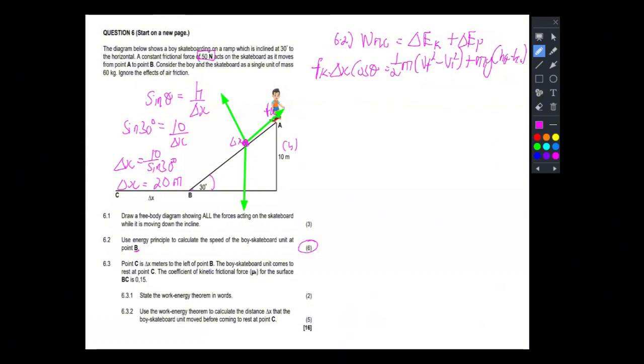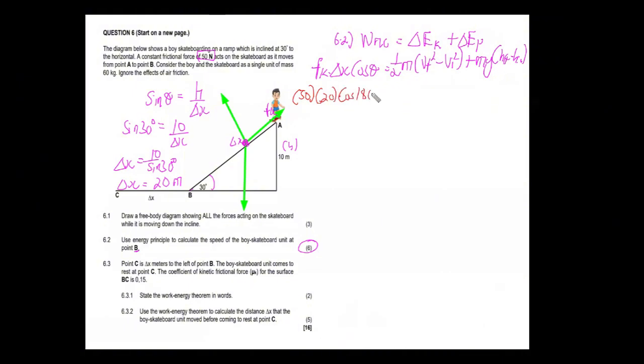Right. Then at this point, what we can do is just simply substitute into that formula. So we have Fk is 50. Our displacement we have already calculated 20, and then here we have cos 180 degrees. Remember, with Fk, the theta is always 180, since a kinetic frictional force does negative work.